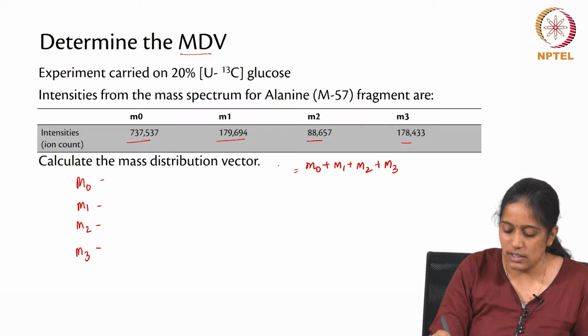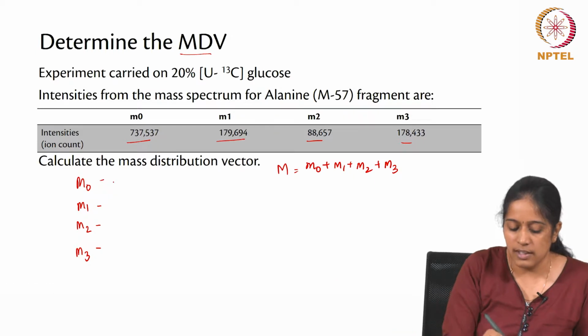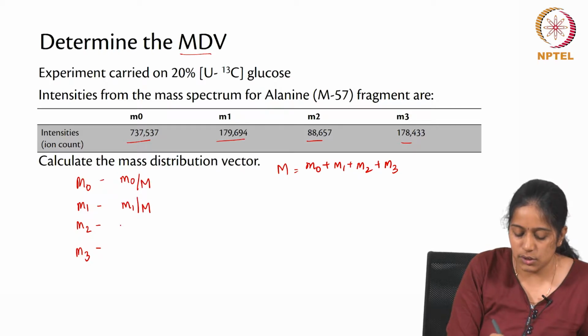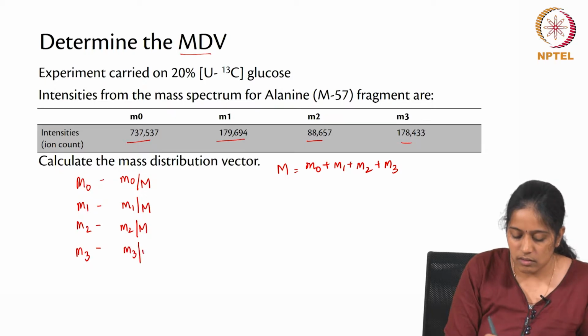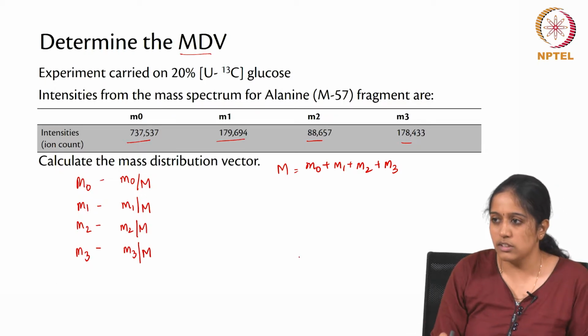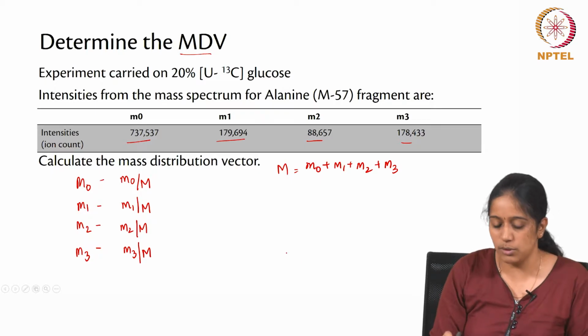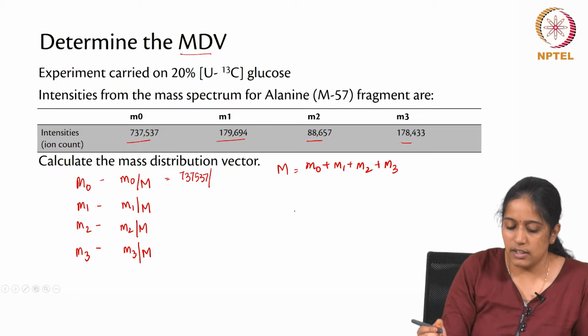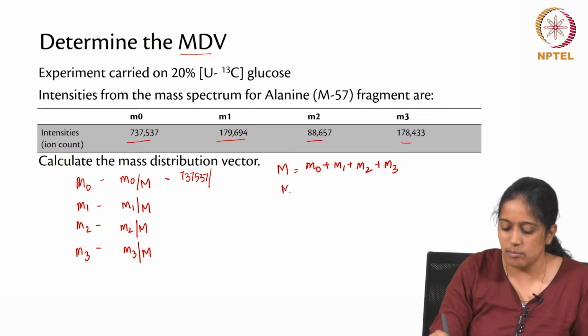So, this I call it say capital M, and for finding out this I just do a normalization. So, this is how a simple mass distribution vector looks like. When you calculate for this, this would just mean 737,537 divided by whatever this M was.